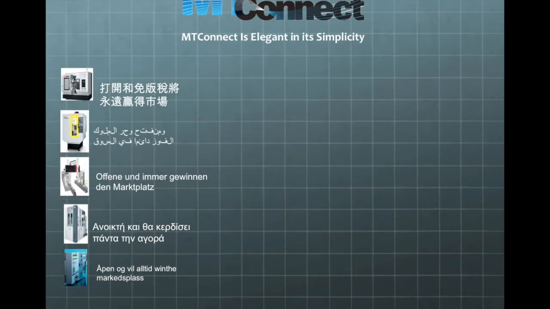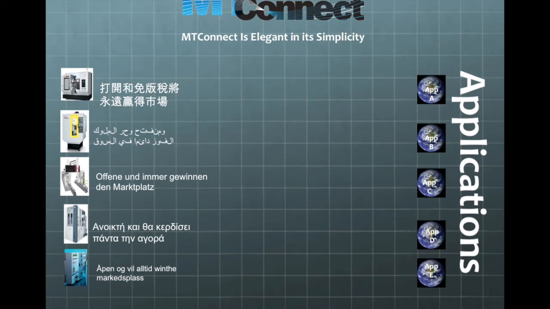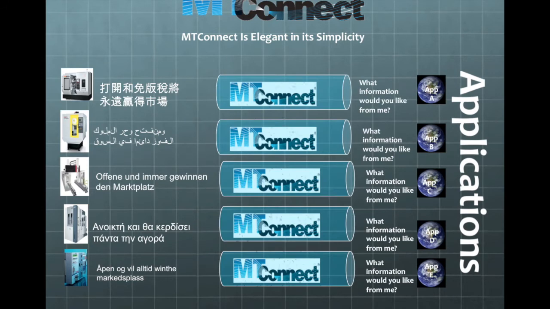So let's look at how MTConnect changed things, and we like to say that MTConnect is elegant in its simplicity. We have the same 5 machine tool companies, and we have 5 applications. What we've done is we have moved the problem of translation to where it belongs, which is over on the left-hand side near the machine tool or the sensor.